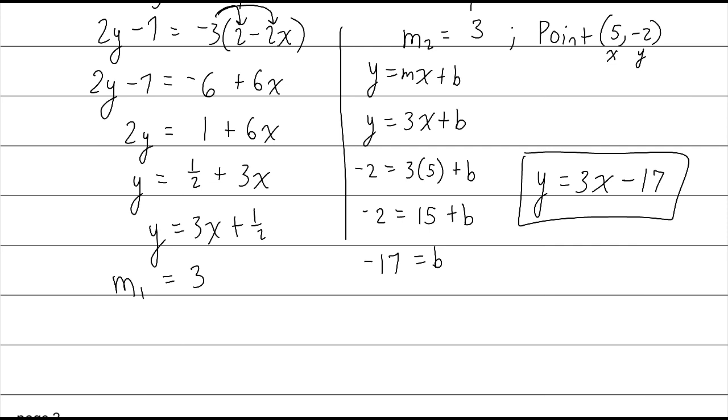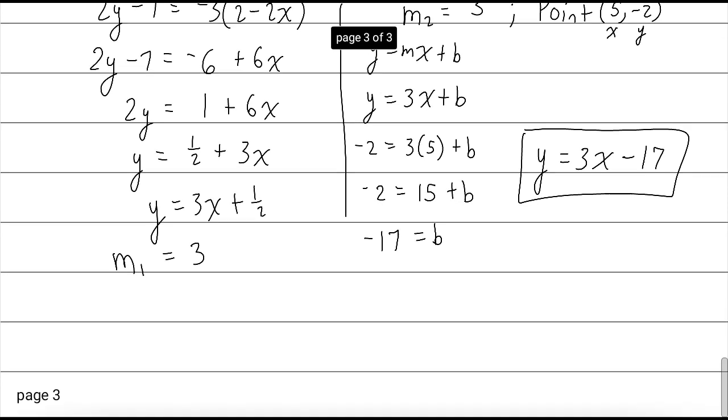Let's do one more. Okay, so same question. Find the equation of the line that is, let's go perpendicular this time, perpendicular to the given equation and passes through the given point.